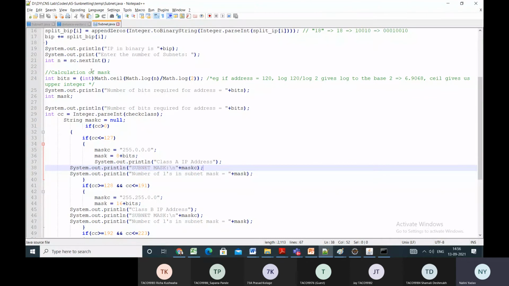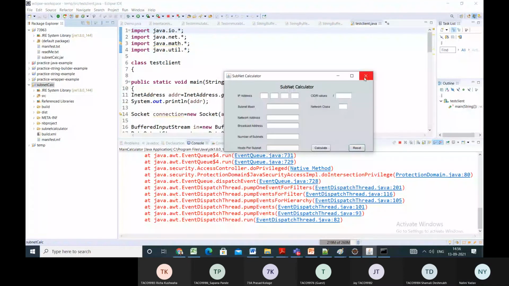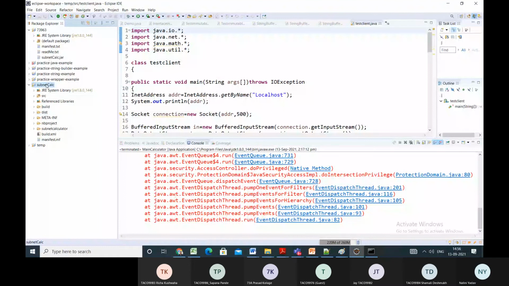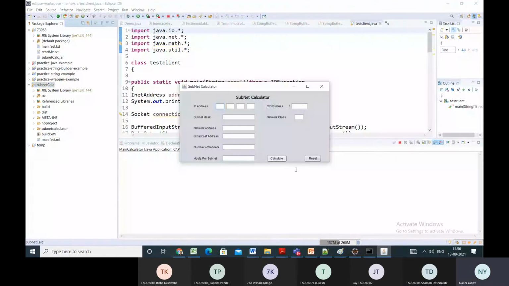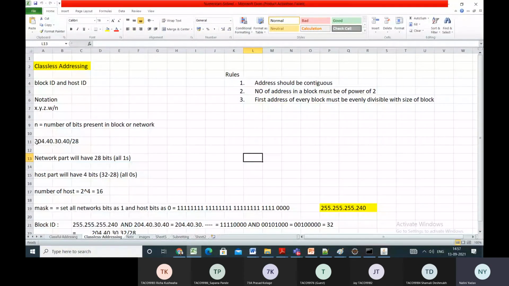Now let me go back and see the code for CIDR. So for CIDR, we have the code of the subnet calculator. Let me execute the code again. Over here, first we have to enter the IP address. So let me enter the IP address which we have taken in the class itself.